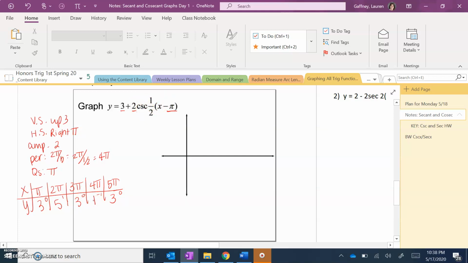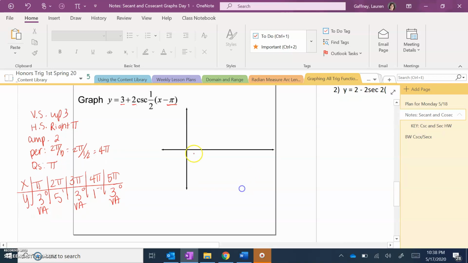Now remember though, for cosecant, anywhere that you had a 0, that's your VA. So first I'm going to do a rough sketch graph with a dashed line of the sine.